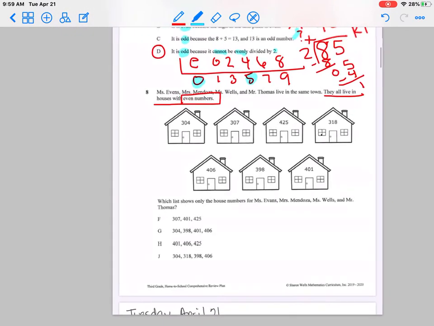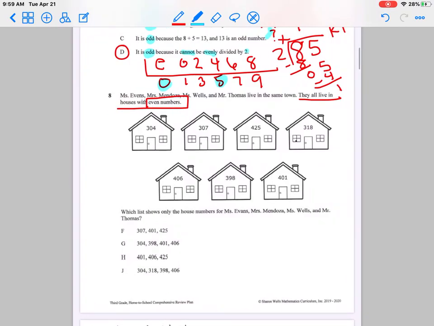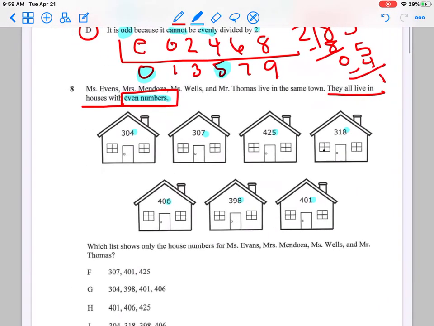I have my Leo up there. I know I am going to be looking at the ones place to determine if my numbers are odd or even, and I am looking for even numbers. Okay, so I am going to circle my even numbers. Let me look at number 4. Number 4, I go to my Leo.